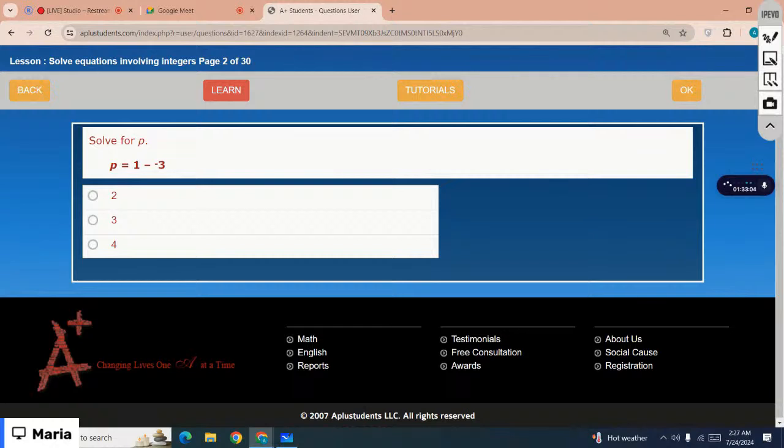The correct option is yes, that is subtracting a negative integer is same as adding. So the correct option is 4.